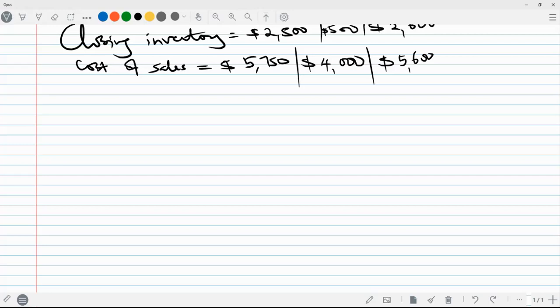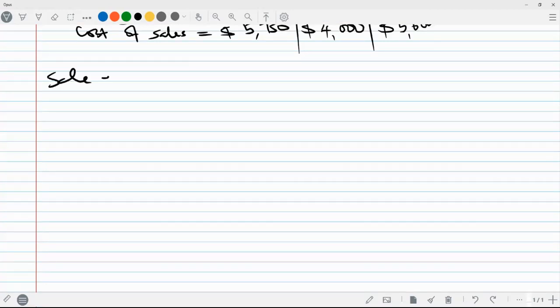The sale was made on 25th of September, and the items sold were 1,800 units. As we said, we sell first from what has been acquired recently.